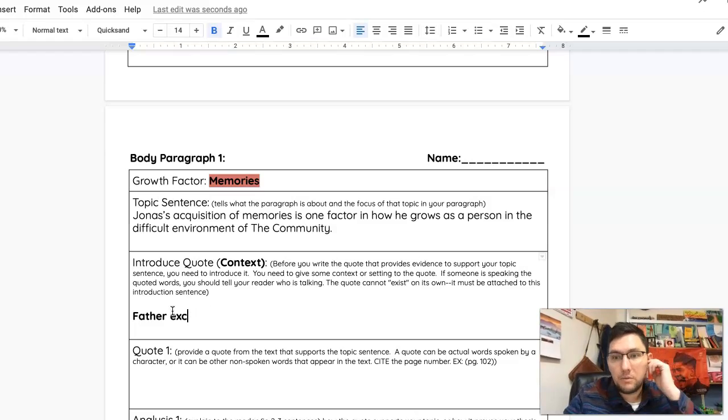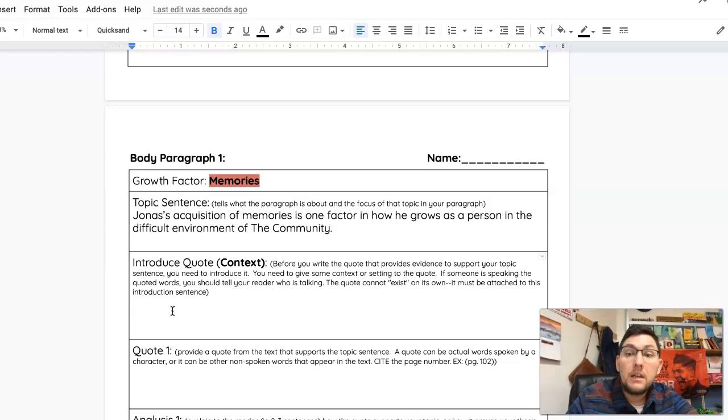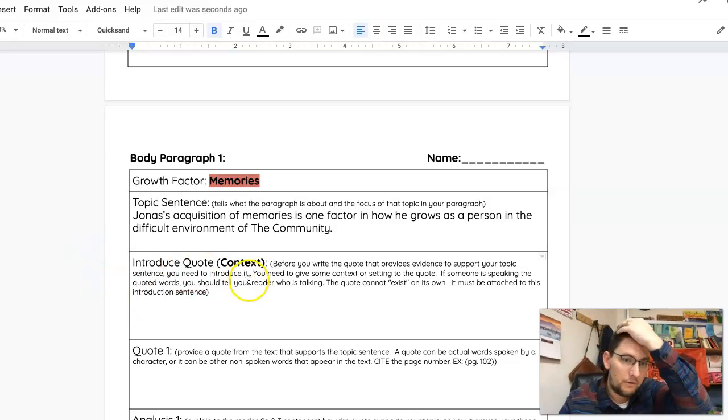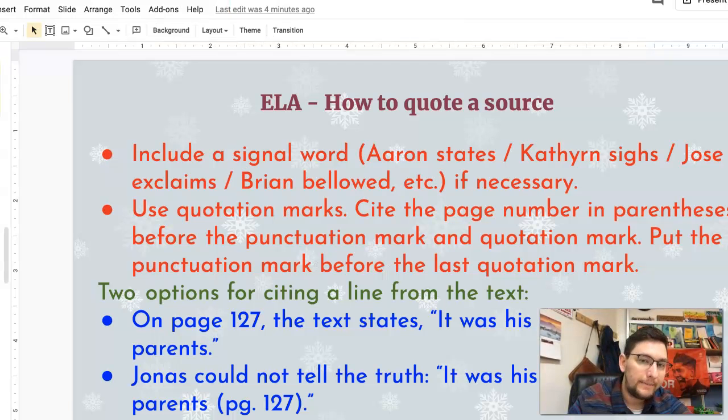So that's a signal word telling us someone's talking. It's important that you use that, especially if it's dialogue, so that we understand through context who's speaking in that scene.